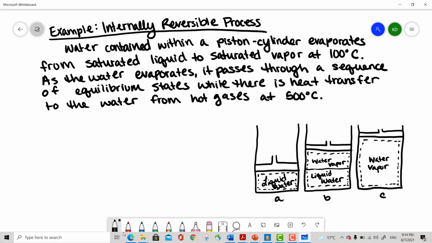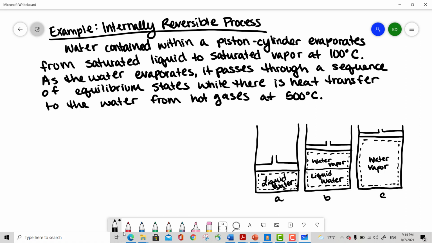Okay, so let's run through an example to help you see how this would be portrayed, especially in regard to internally versus externally irreversible or reversible. Water contained within a piston cylinder evaporates from saturated liquid to saturated vapor at 100 degrees Celsius.